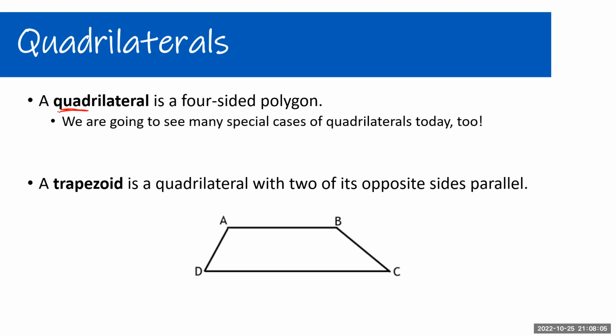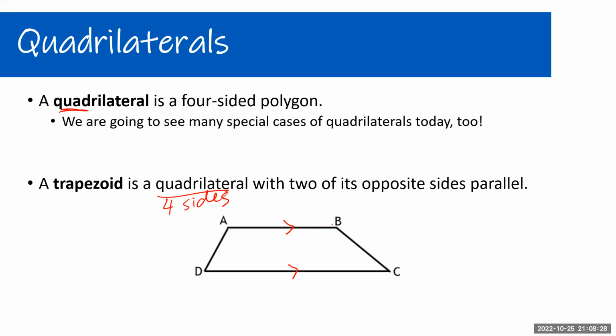The first case we're going to discuss is a trapezoid. A trapezoid is a quadrilateral, so it has four sides, and two of the opposite sides have to be parallel. The other sides are not. So in this side here and this side here, usually when we see those little arrows, it means they're parallel. This is a trapezoid.